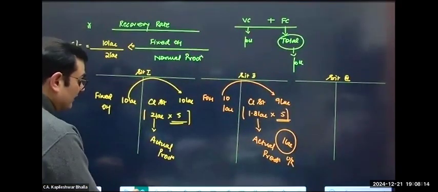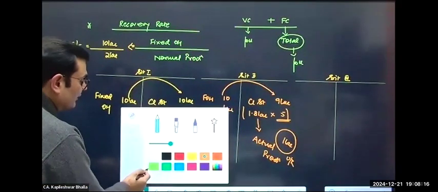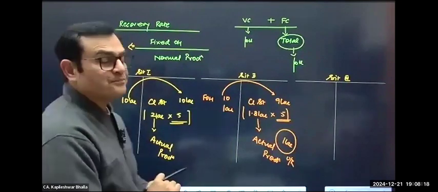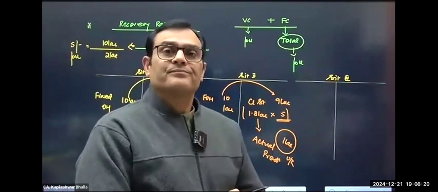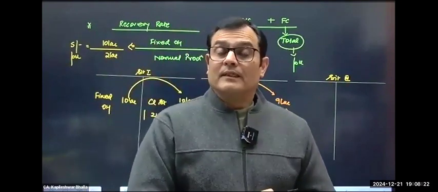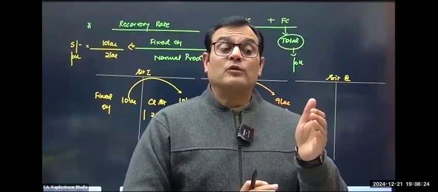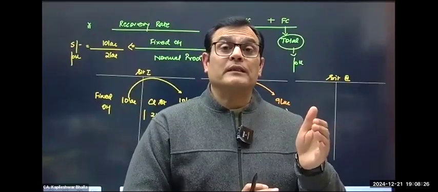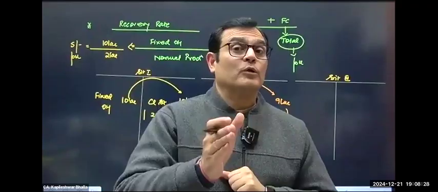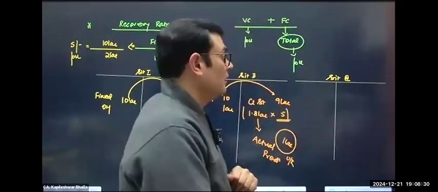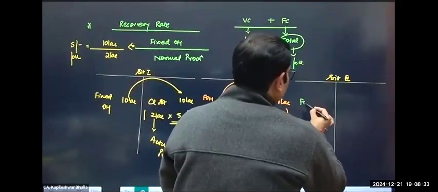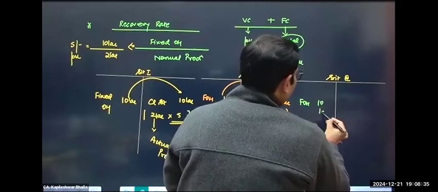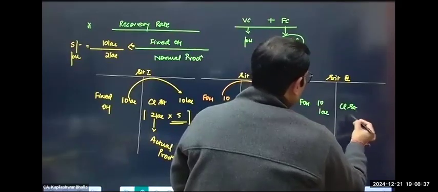I think you can definitely guess what I'm going to do in the third situation. Any guess? Over recovery. Yes. In the first case, I took the actual and normal production equal. Second, I took actual below normal. Third, I'm going to take more than normal. So let's say there is a fixed overheads of 10 lakh rupees and everything produced is unsold.